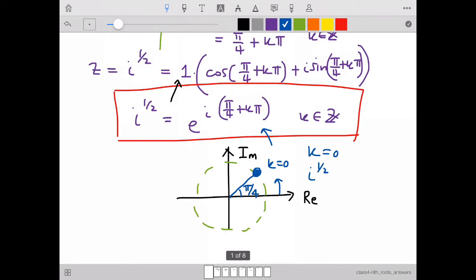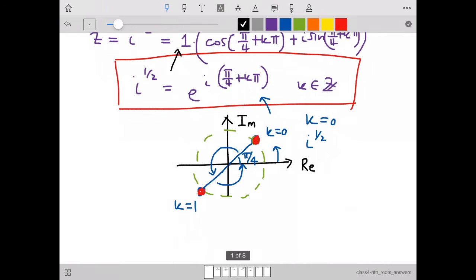And when k is 1, I am adding pi more to pi over 4, so it goes to the opposite. So that is when k is 1. And when k is 2, then I add another pi, and it jumps back to here again. So it jumps here and there. Everything else is the same.